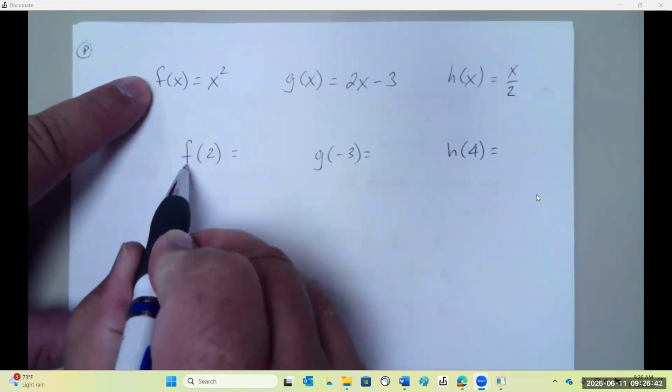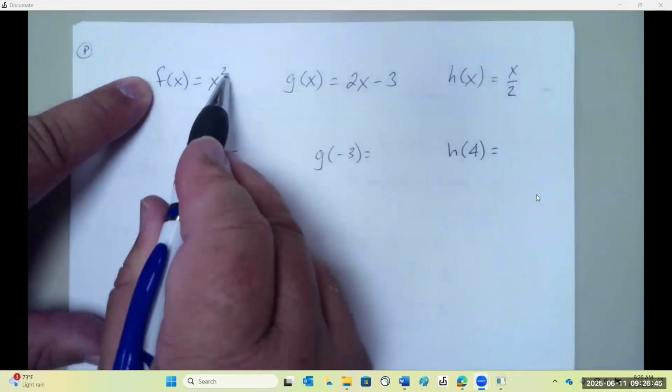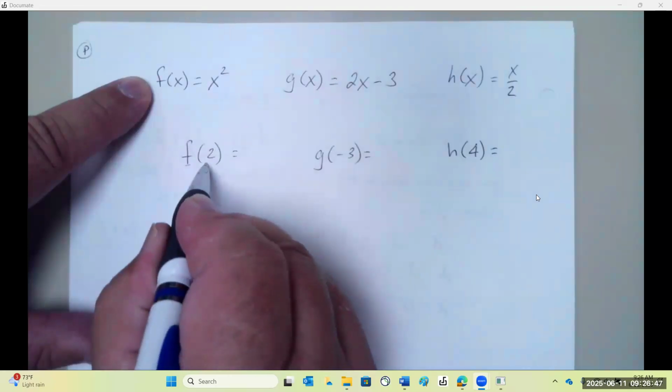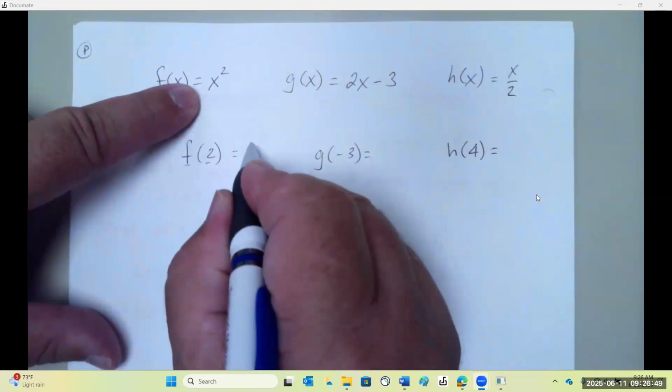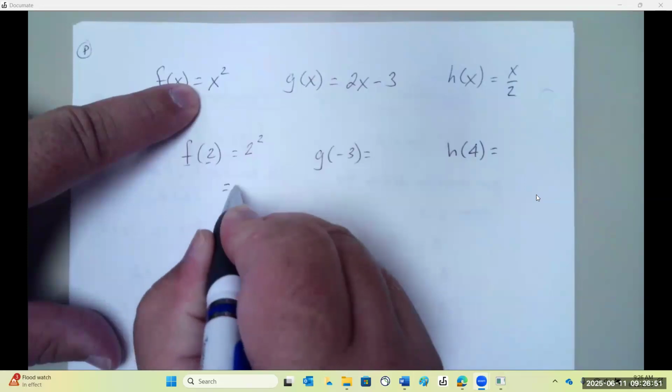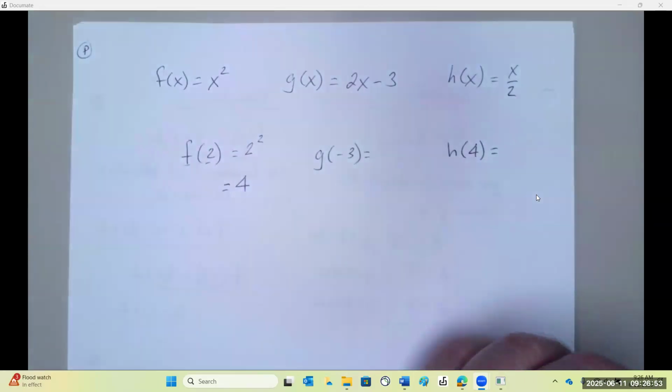Here's the function f. F is x squared. So in place of x, I put 2. So it's 2 squared, which becomes what? 4.